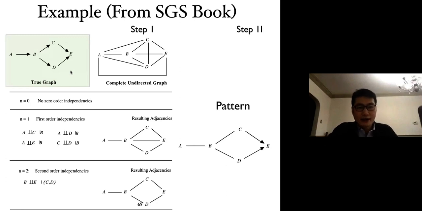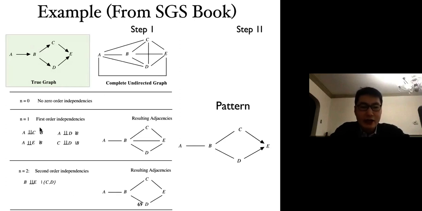First, in order to achieve data efficiency, we start with marginal independence. So first, we test for marginal independence without conditioning on any random variable. You can see here, any pair of random variables is dependent, so we cannot remove any edge. We start with this fully connected undirected graph.